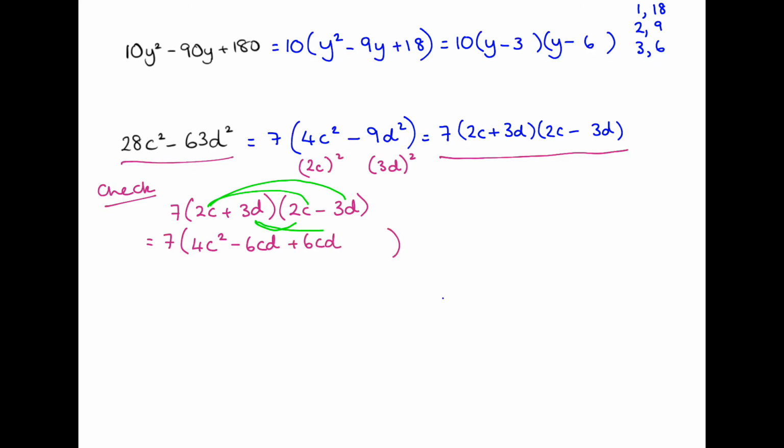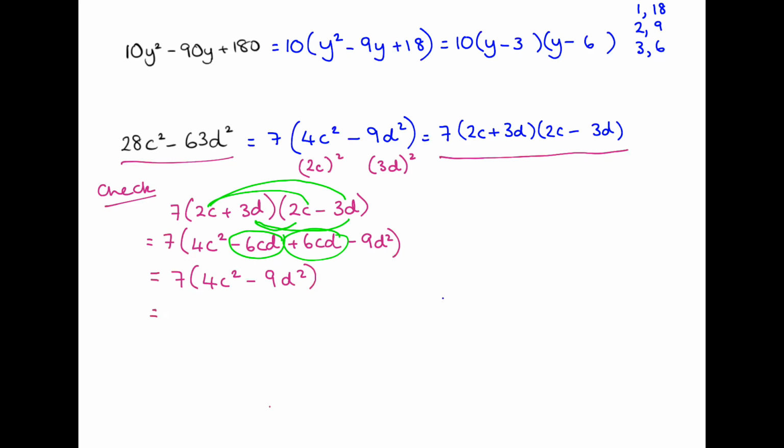And then 3d times negative 3d gives us minus 9d squared. Okay, then we can see that we've got a minus 6cd and a plus 6cd. So they cancel each other out, leaving us just with our 7 on the outside, and then 4c squared minus 9d squared on the inside.